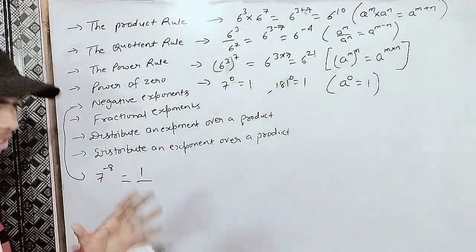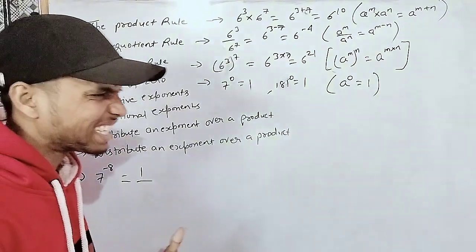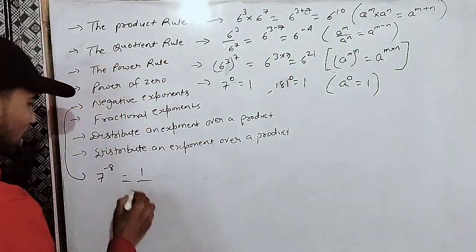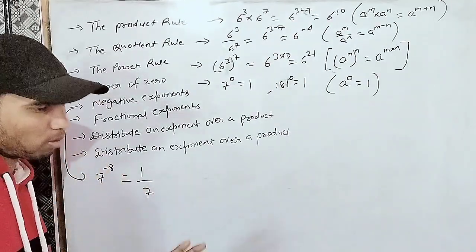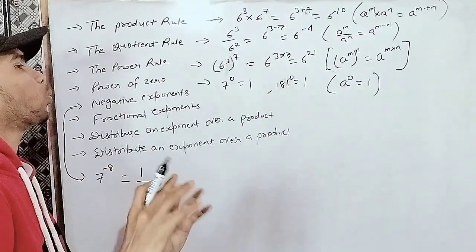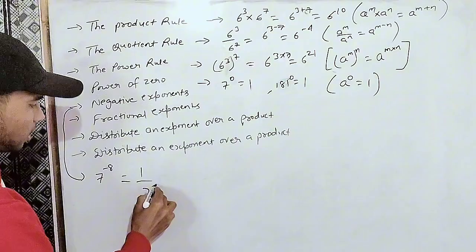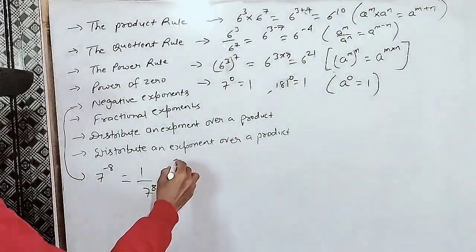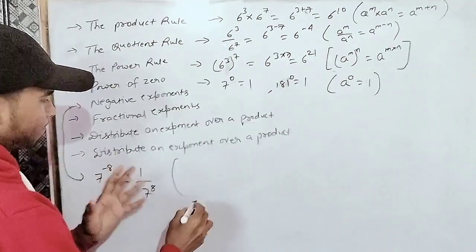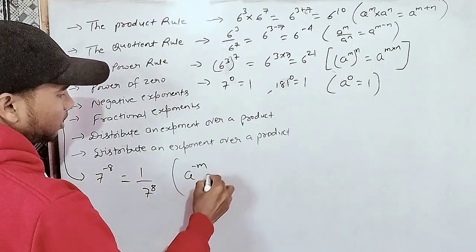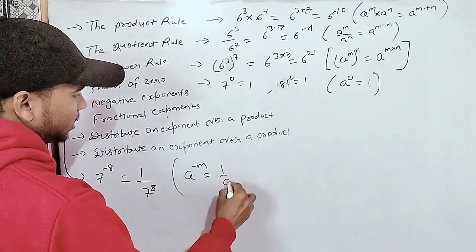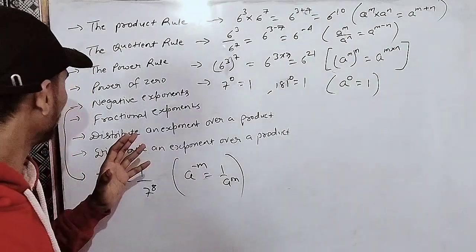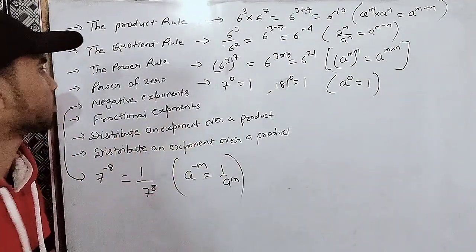We are changing the number which is in the numerator to the denominator. So then our sign will be changed automatically, like that. So we can write it a, and then we will write. Clear?